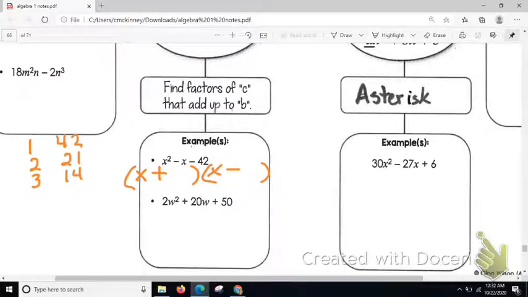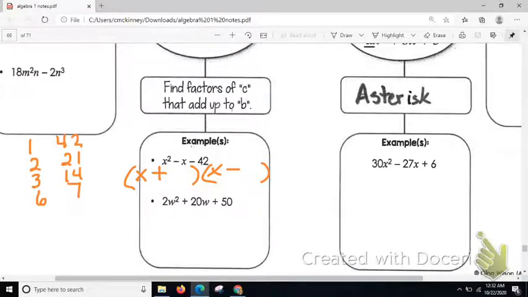Does 4 go evenly into 42? Nope, so it is not a factor. Does 5 go evenly into 42? Nope, it's not a factor. Does 6 go evenly into 42? It does. 6 times 7. And some of you may have just clicked, 6 times 7 came to you as soon as you saw 42, and you're on to the next problem.